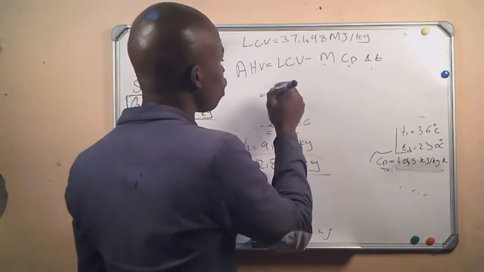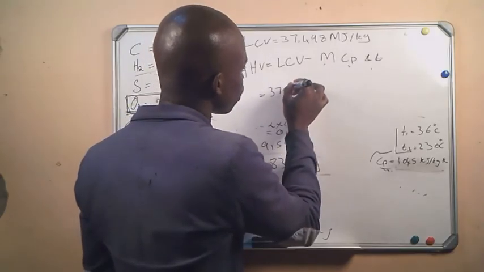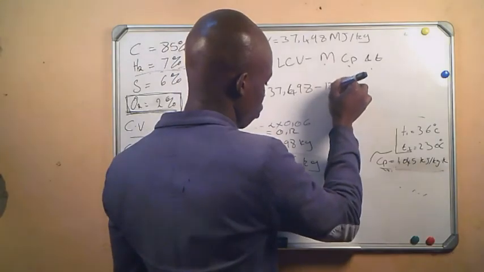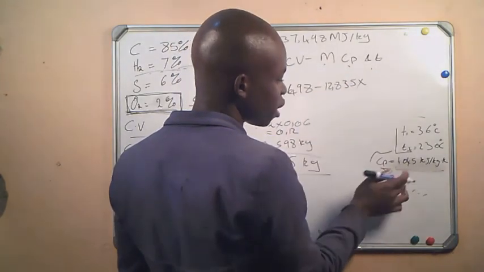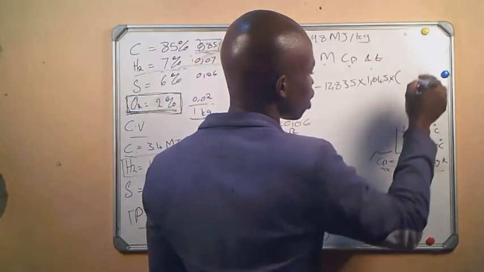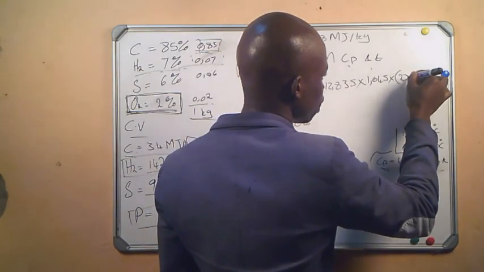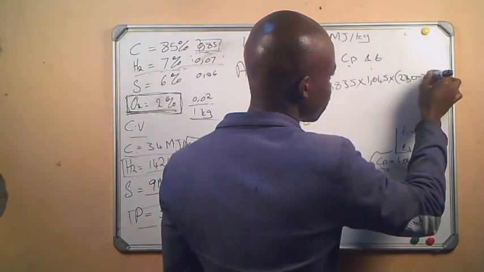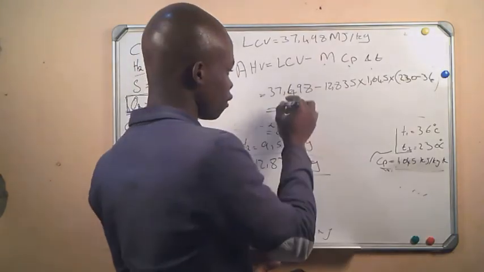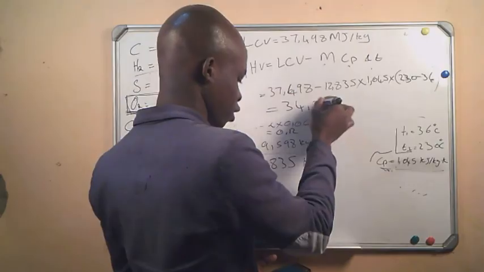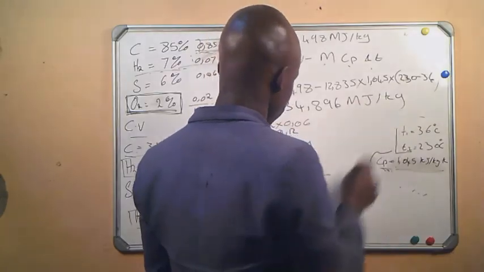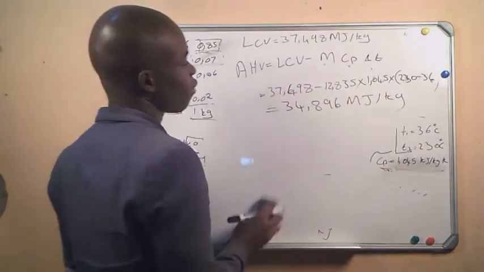We already know that our LCV is 37.498 minus our mass, which is 12.835, times our specific heat capacity, which is 1.054, times our temperature difference, which will be 230 minus 36, and then I got that my answer is 34.896 megajoules per kg. And this is what they have asked.